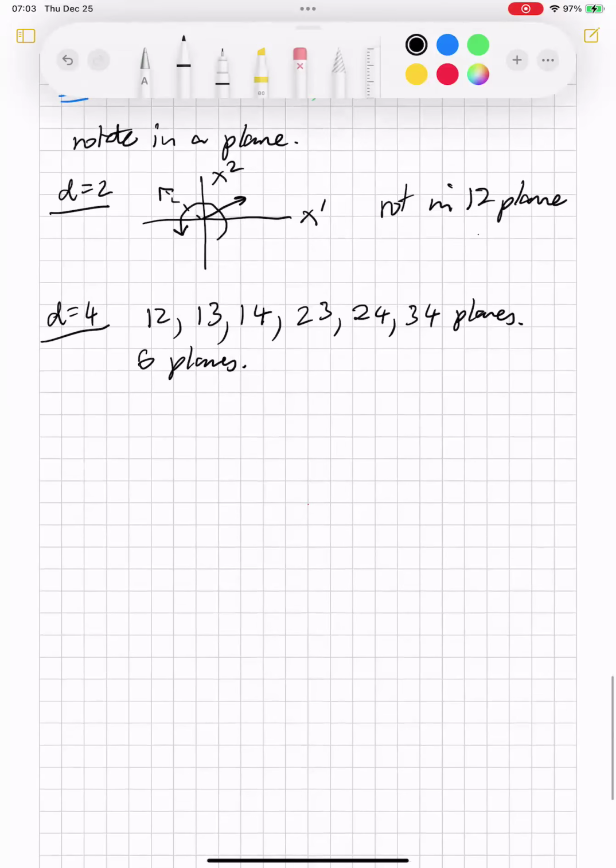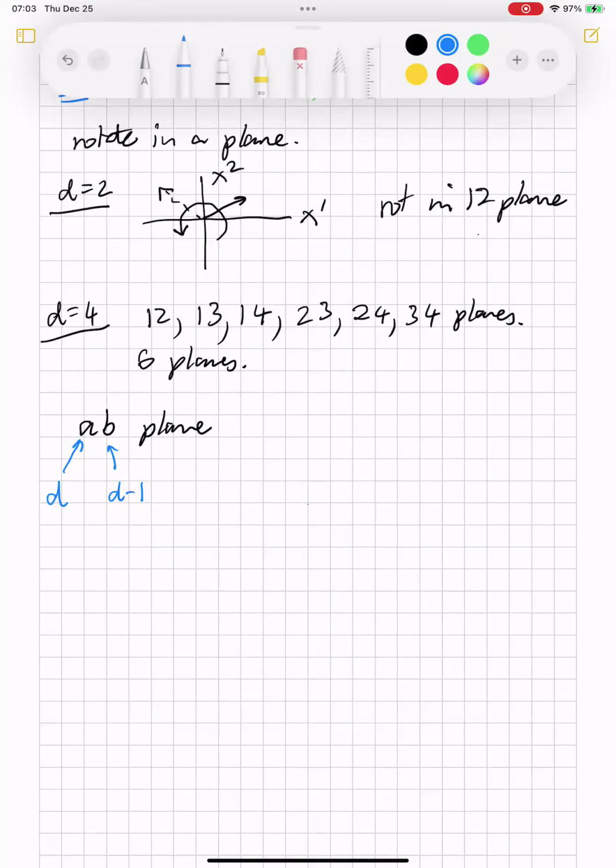Now, how do we get this 6? Well, it's quite easy. We can talk about the AB plane. Thinking about the AB plane, we can pick A to be any one of D. We can pick B to be any one of D minus 1. When we specify a plane, the 1-2 plane or the 2-4 plane, what's important is that the two axes we picked must be distinct. We can't have the 1-1 plane, but we can have the 1-2 plane or the 1-4 plane.